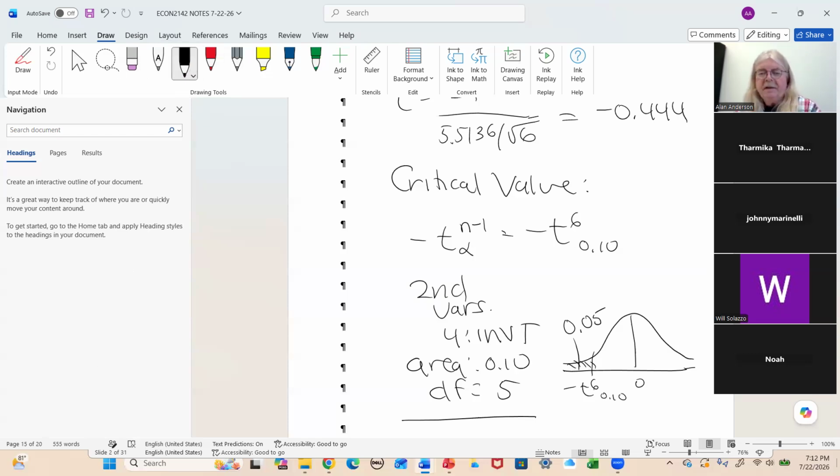Let's see what difference that makes. One with 5 degrees of freedom. Yeah, that's more like it. Negative 1.476.